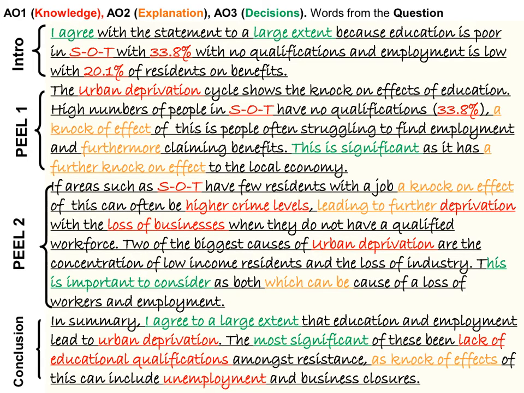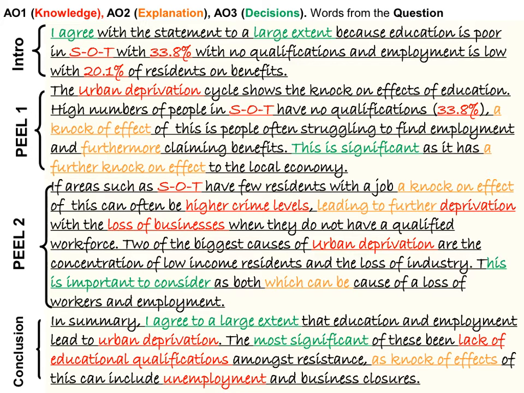If areas such as Stoke-on-Trent have few residents with a job, a knock-on effect of this can be higher crime levels, leading to further deprivation and also a loss of business when they do not have a qualified workforce. Two of the biggest causes of urban deprivation are the concentration of low-income residents and also a loss of industry. This is important to consider, as both of which can be a cause of loss of workers and employment.